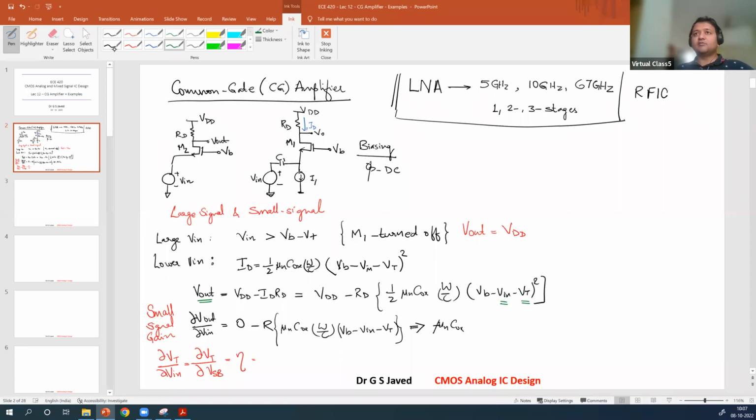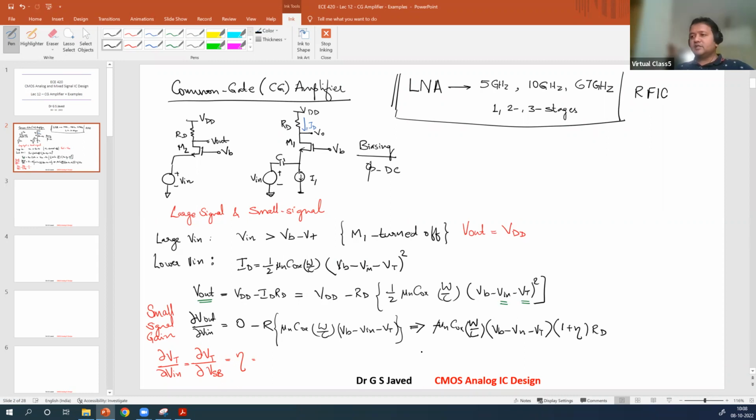So mu n Cox W by L times this whole factor Vb minus Vn minus Vt, times this factor which is already present, 1. Now you take plus eta, 1 plus eta times Rd.